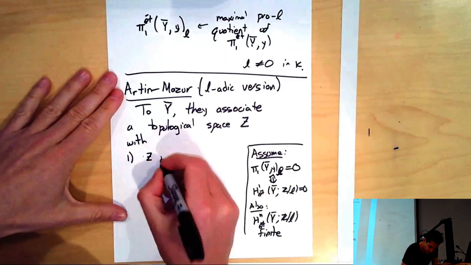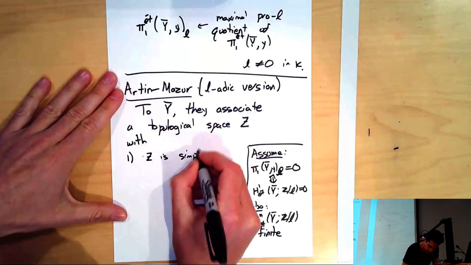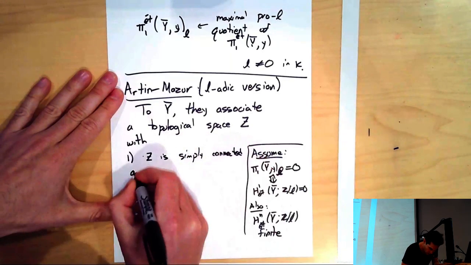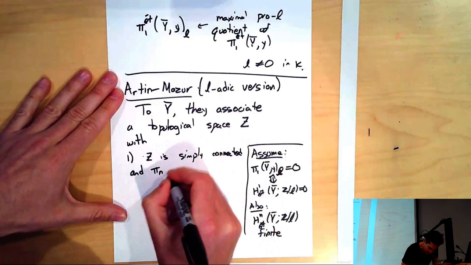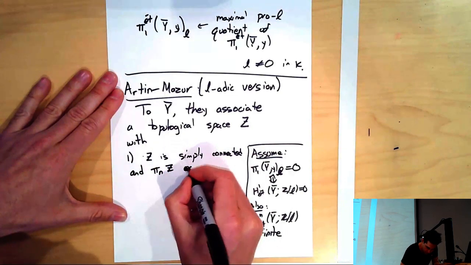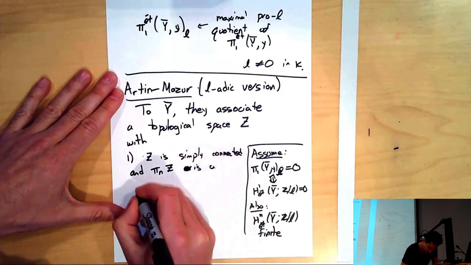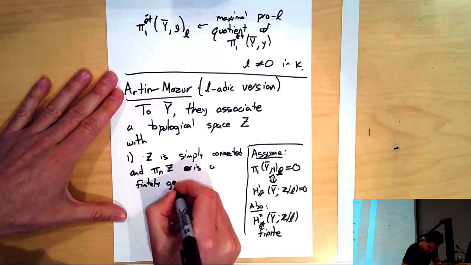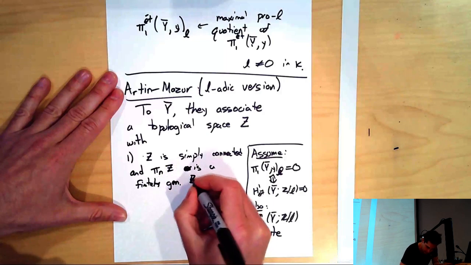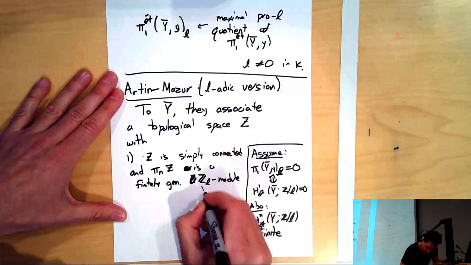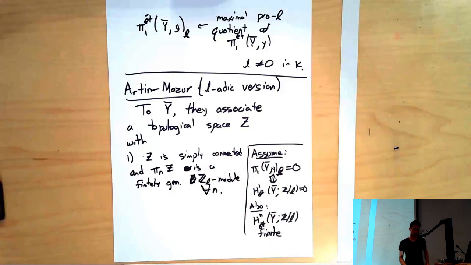So let's say Z is simply connected, and the homotopy groups of Z, pi n of Z, each homotopy group is a finitely generated Z_L module, for every integer n.